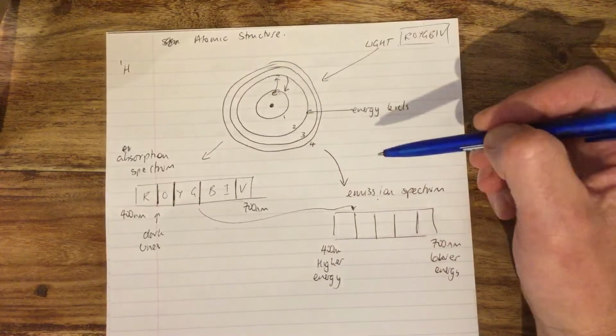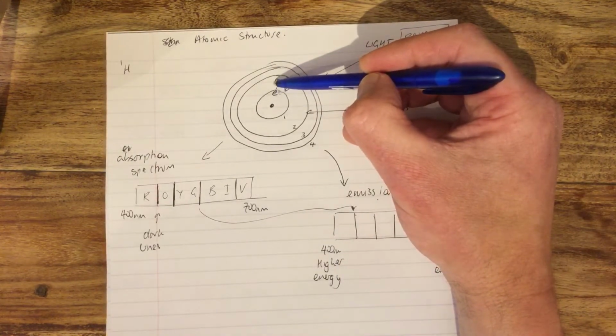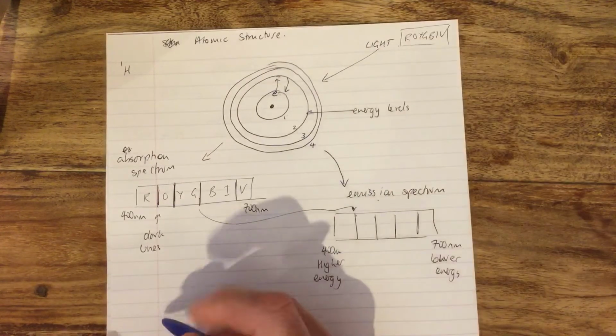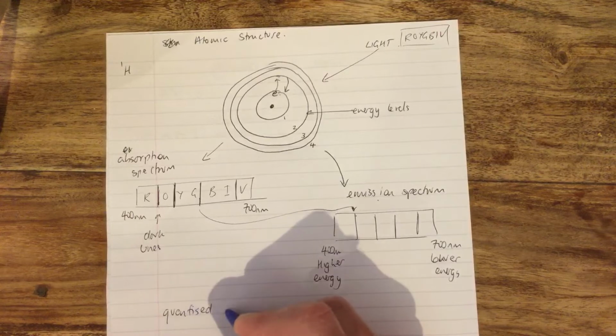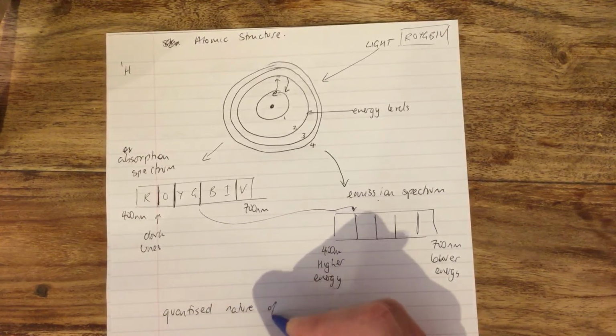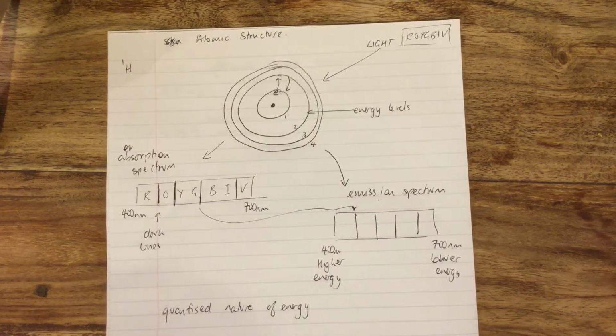What's interesting about this is you cannot get the electron going in between. That relates to the quantized nature of energy, and the energy will come in packets.